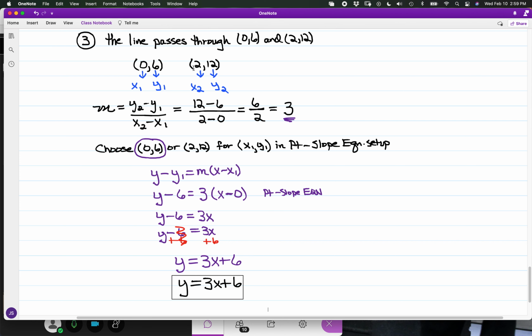And for (2, 12), y is 12, so the left-hand side of this equation is 12. Now for the right-hand side with x at 2, 3 times 2 is 6. 6 plus 6 is also 12. 12 is equal to 12. So this equation works for both of these ordered pairs. The line represented by y is equal to 3x plus 6 does pass through both of these points.